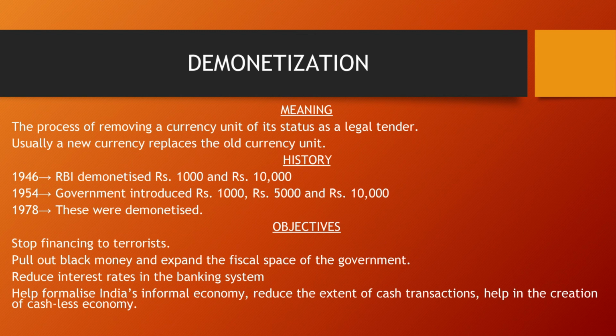Demonetization. It means the process of removing a currency unit of its status as a legal tender. Usually, a new currency replaces the old currency unit. You are all aware of the demonetization that happened on November 8, 2016, when the two largest denomination notes, that is of rupees 500 and rupees 1000, were demonetized with immediate effect.